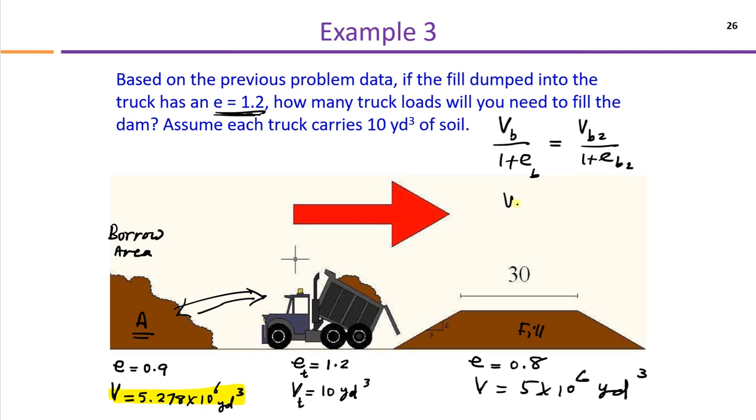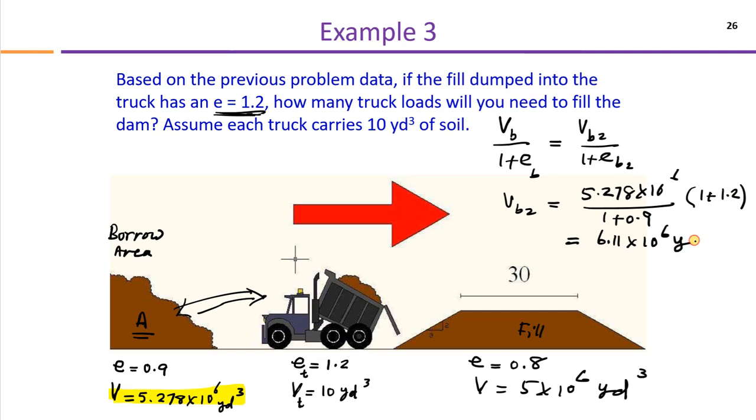So the total volume that the truck is going to carry is 5.278 times 10 raised to the power 6 divided by 1 plus 0.9, and here it is going to be 1 plus 1.2. I just put in these values. So this is going to be equal to 6.11 times 10 raised to the power 6 cubic yard.